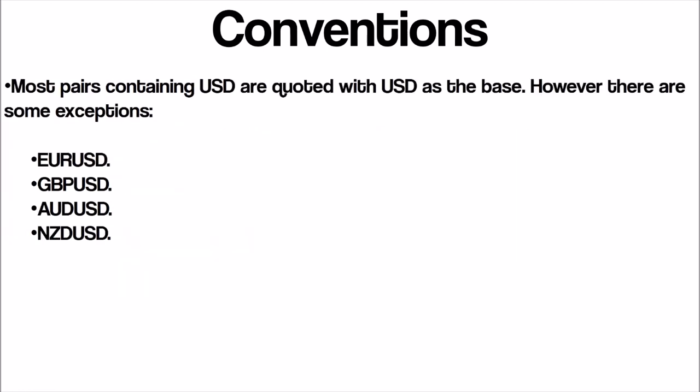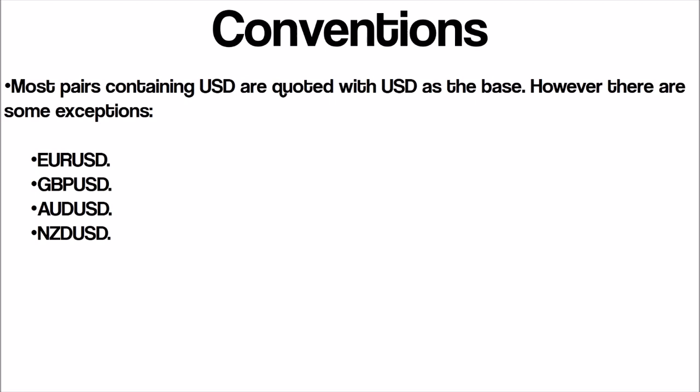So when you talk about these pairs which trade commonly against the dollar, most currencies have the dollar as the base. So dollar rand, for example, dollar yen, dollar CAD, huge numbers of currencies basically. And if anything doesn't trade against the euro, it will trade against the dollar with the dollar as its base. There are four major exceptions though, and they're listed here.